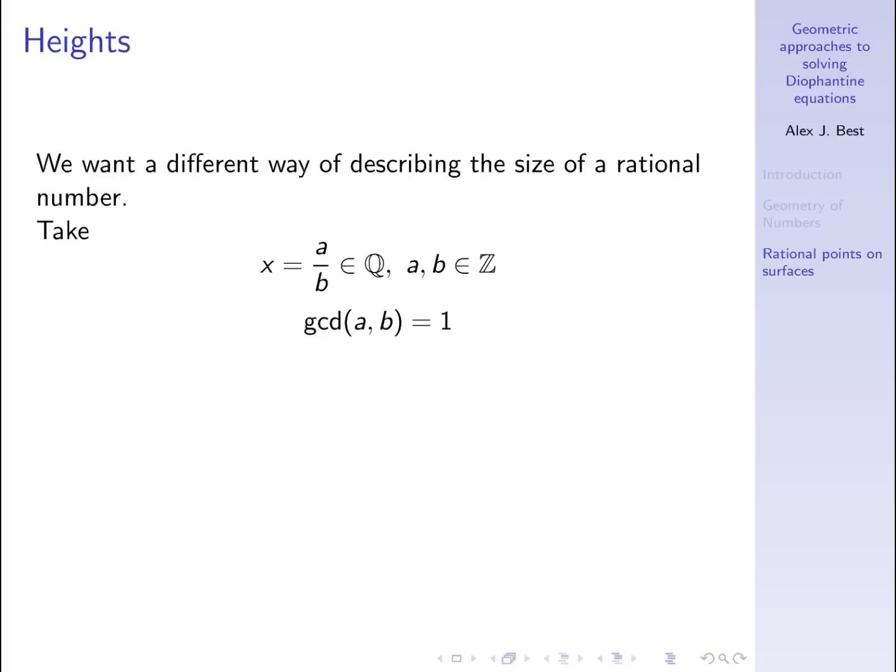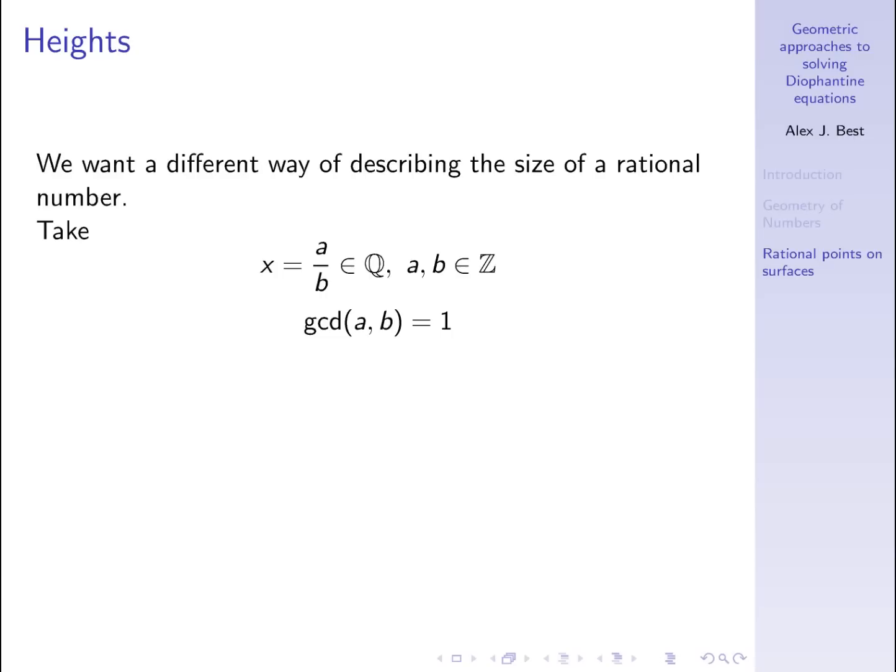What we're going to do is take our rational number in reduced form, so a over b, where a and b are integers and they're coprime. So we've reduced our fraction down as much as we can. One way of working out how big this is, is to look at the length of a and b, how many digits they contain in their base 10 representations.